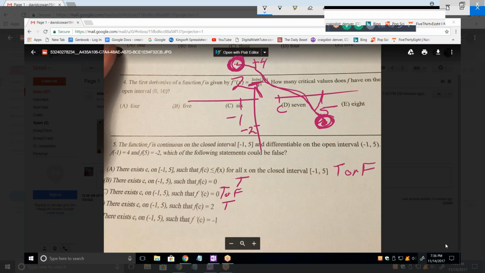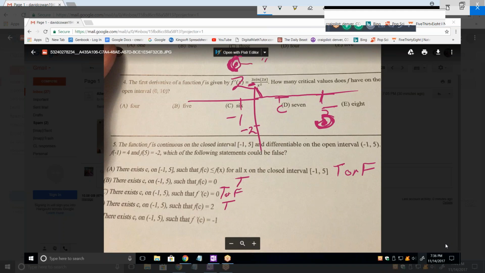Or does it? Is there a way I can draw that line so that I never have a slope of negative 1? I don't think so.